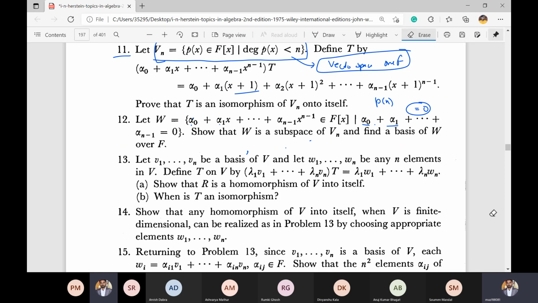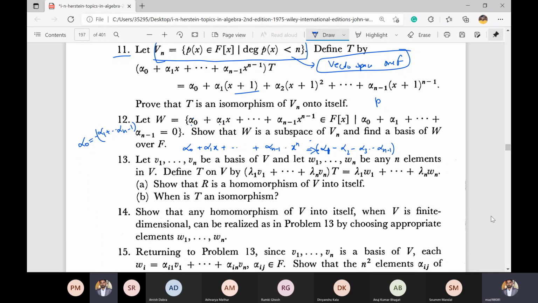okay, let me write this one a little bit more. Now you take any polynomial in this, of the form alpha 0 plus alpha 1 x plus up to alpha n minus 1 x power n minus 1, and this condition is given, so we can write alpha 0 as minus alpha 1 minus alpha 2 minus alpha 3 up to minus alpha n minus 1.